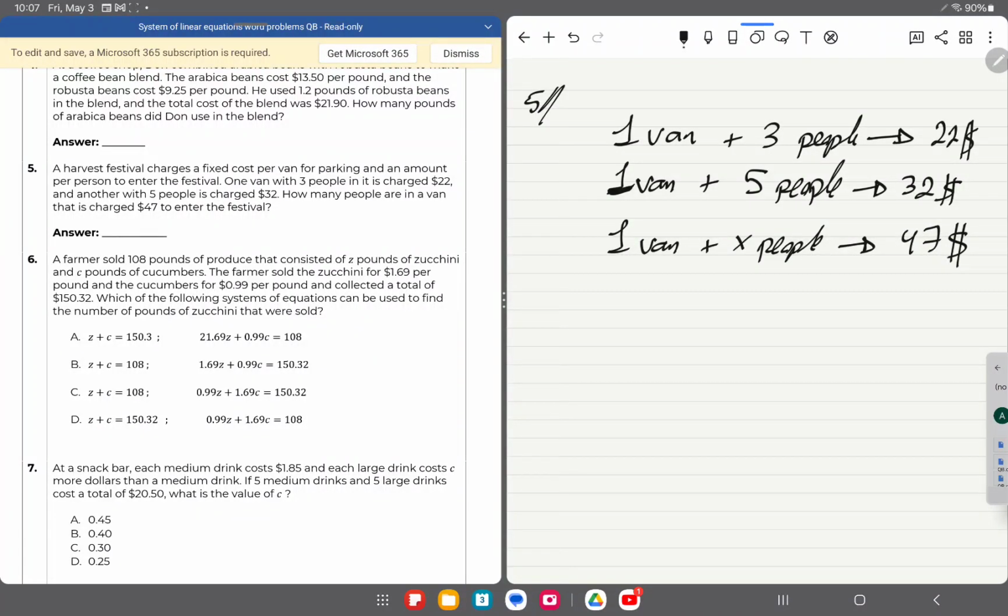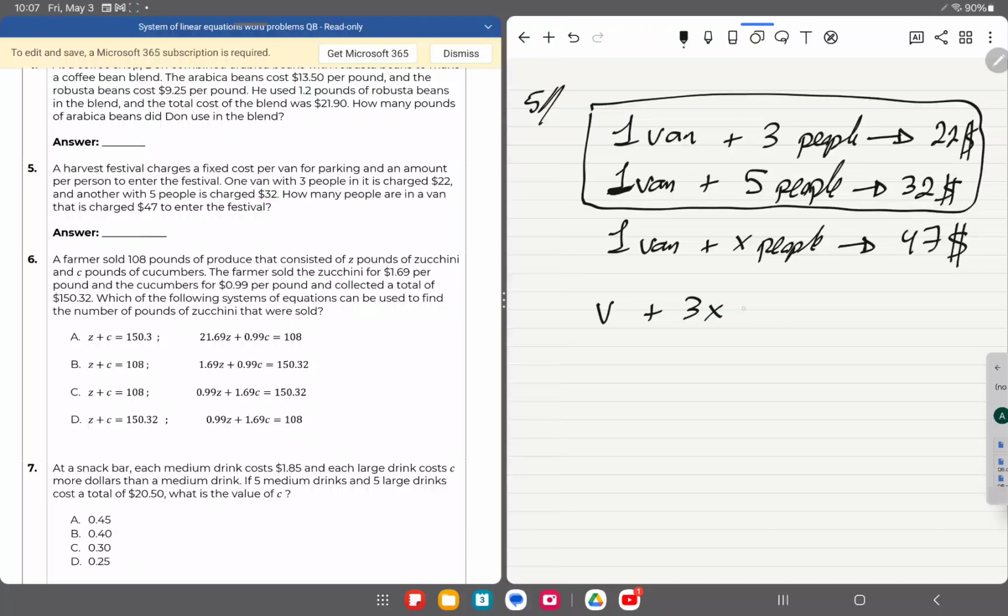The first thing you need to consider is solving this system: van plus 3 people is equal to 22, van plus 5 people is equal to 32.